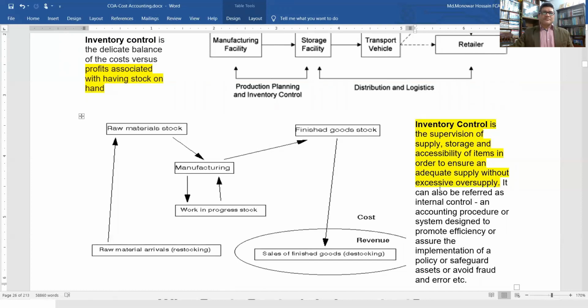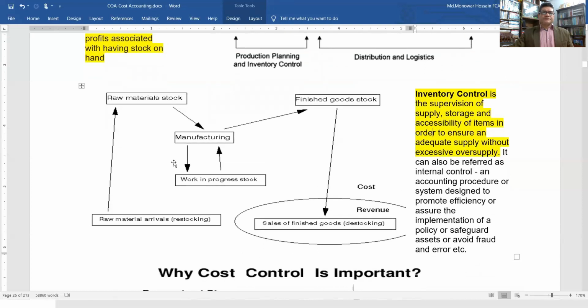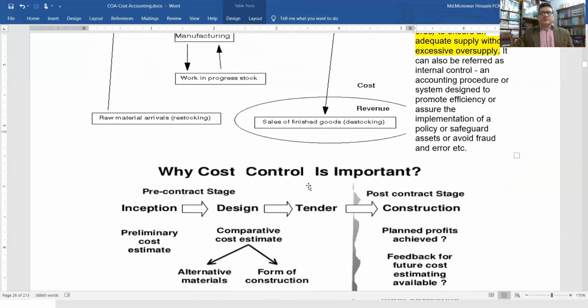So here, look, in manufacturing: raw material stocks for the manufacture, raw material arrival and stocks, work in progress stock, finished goods stock, and goods go to sales. That means here the revenue and costs.